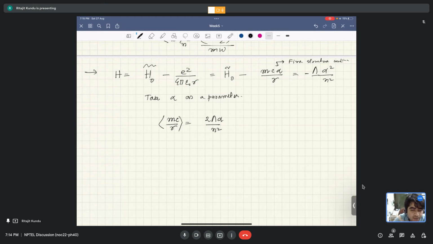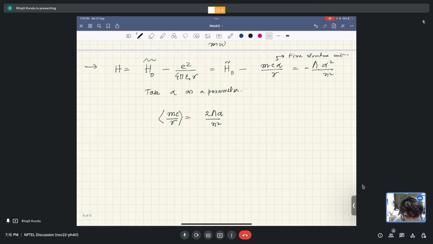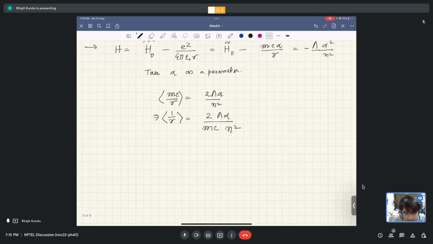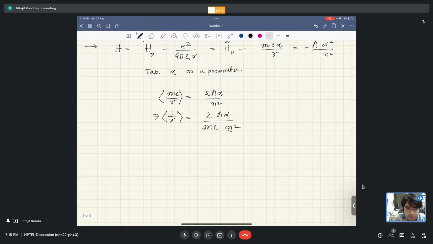On the right hand side there is only a constant number, so the expectation gives just 1 times that number. So the expectation of 1 by r is 2 lambda alpha m c by n squared. Basically this is your expectation value of 1 by r.